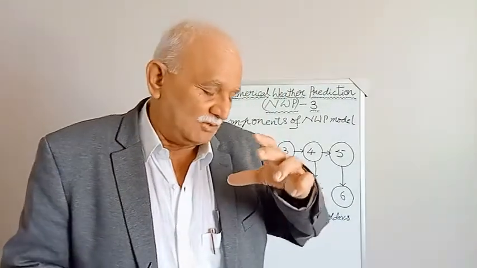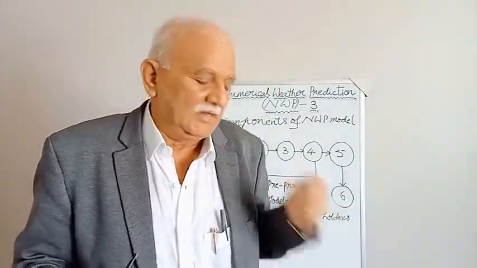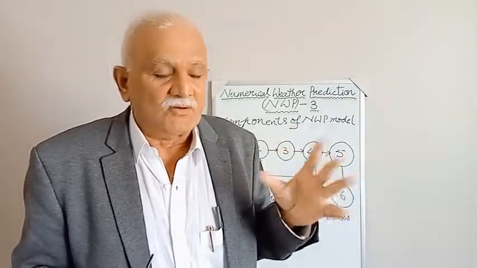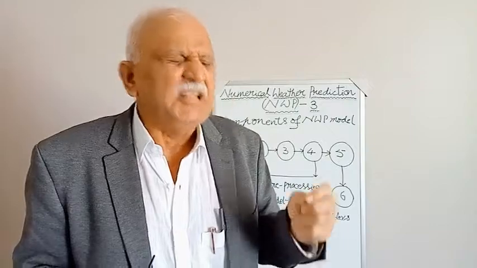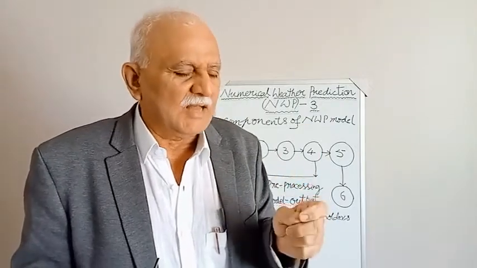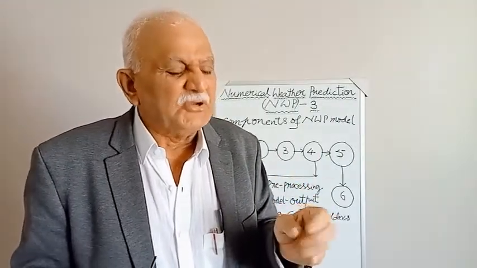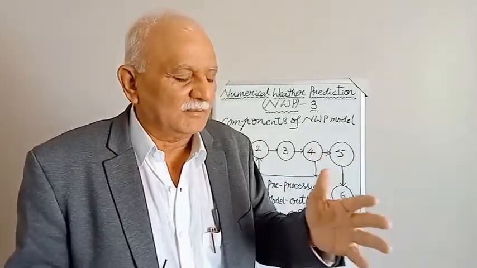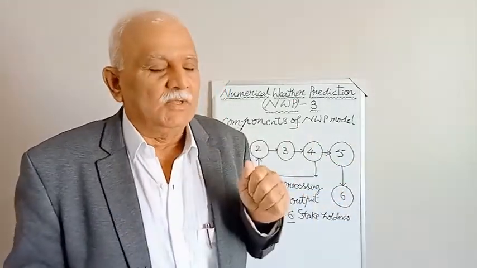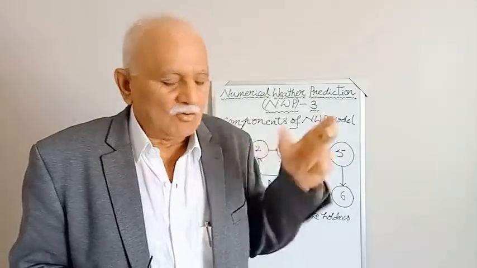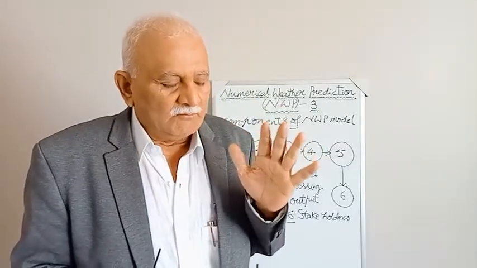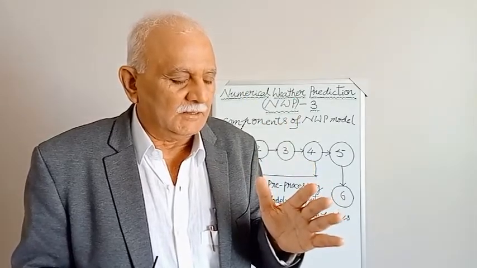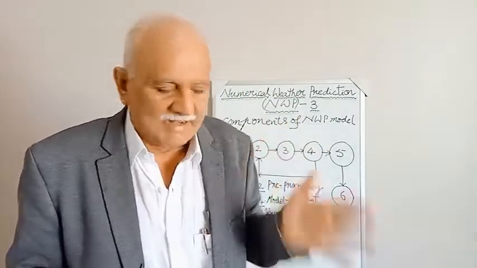Even then, most of India or Asia comes under the tropics. However, in the tropics, there are still some lacunae or issues to be addressed for better numerical weather prediction model output. What are those? Most of the area in the tropics is land.